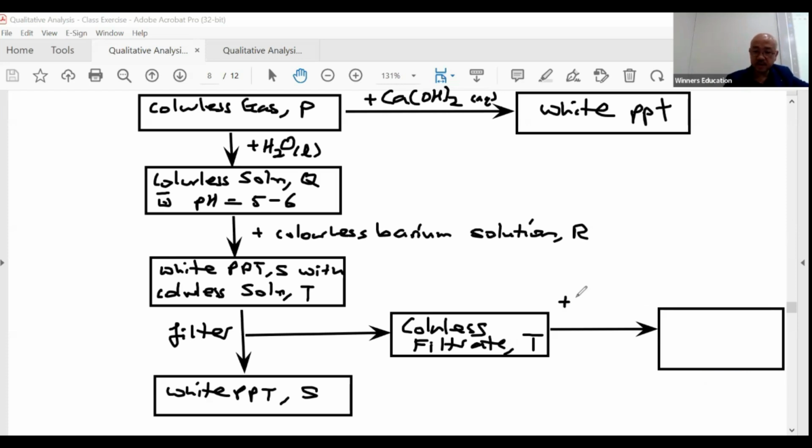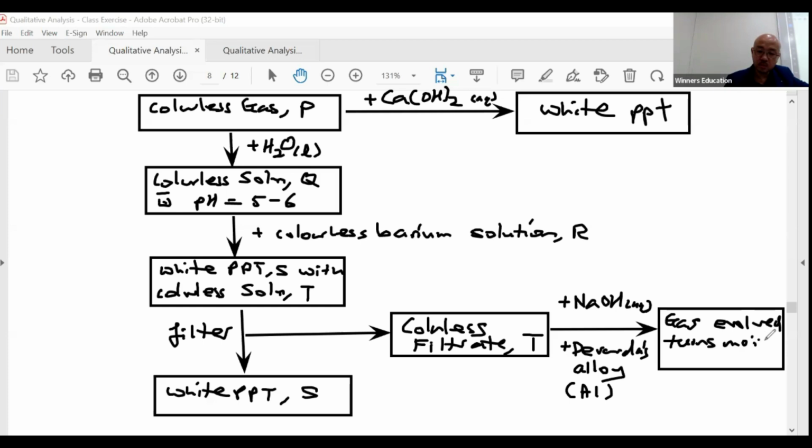All right, what do we add? They say we add sodium hydroxide and we add Devarda's alloy. Most important, inside there is aluminum metal. Okay, all right, a flowchart based on the question.